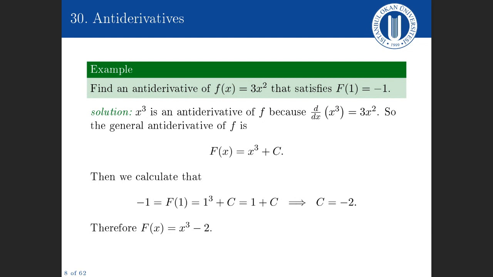Now we've got to do two things here. We need to find first the general antiderivative of 3x squared, and then after that we need to choose the correct antiderivative which satisfies the second rule that f of 1 is equal to minus 1.